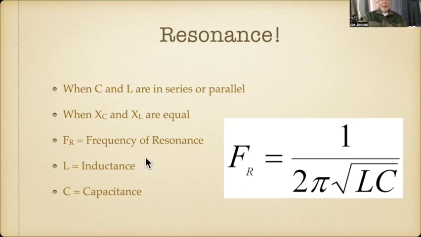So here's the formula. This formula you should know, regardless of whether you're going for technician, general, or extra. The frequency of resonance is 1 over 2 pi, the square root of LC.